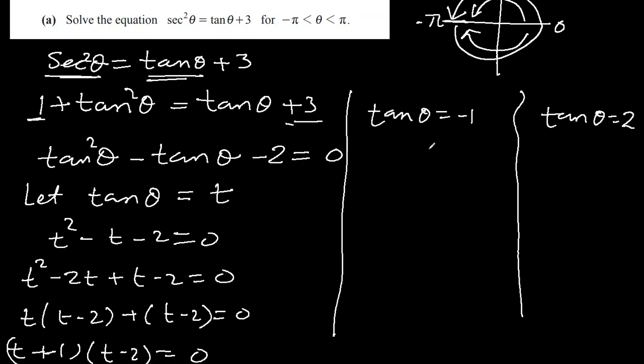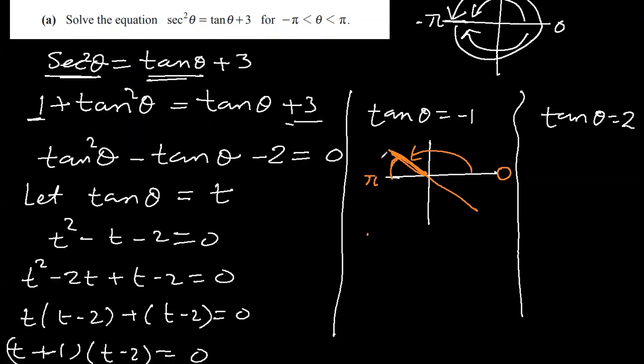So minus 1. We have to do tan from negative pi to positive pi, but let's see where tan is negative. Tan is negative in this quadrant and this quadrant, correct? That means if I start from 0 and go this way, I will reach this line, which is this angle less than pi. And what is that angle?